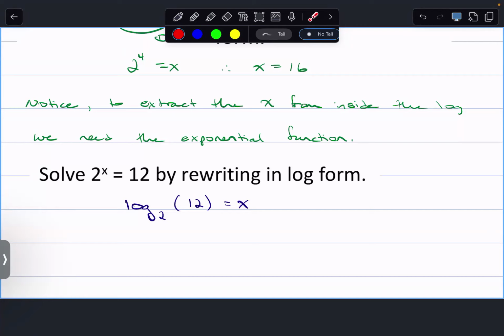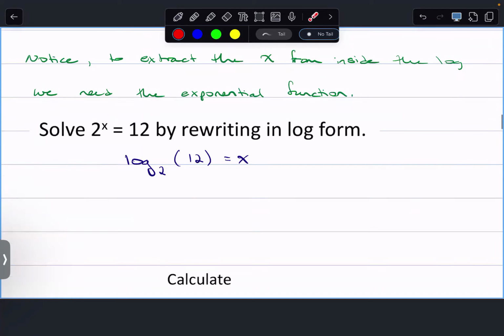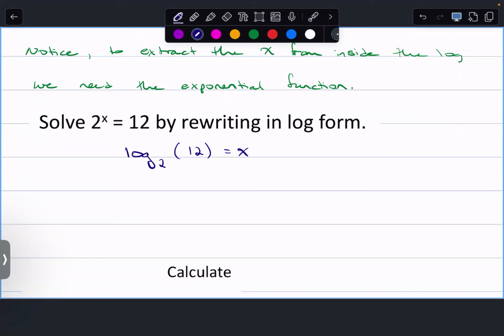Log base 2 of 12, from our calculator, we can do it. So x is roughly 3.58496250, and this is from the calculator, of course. The exact answer, this is the exact answer.